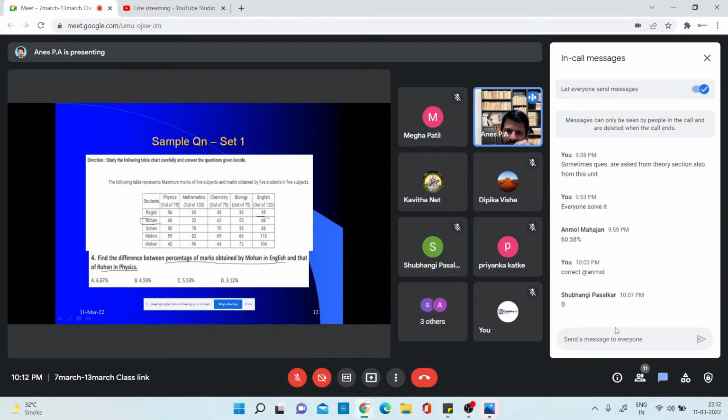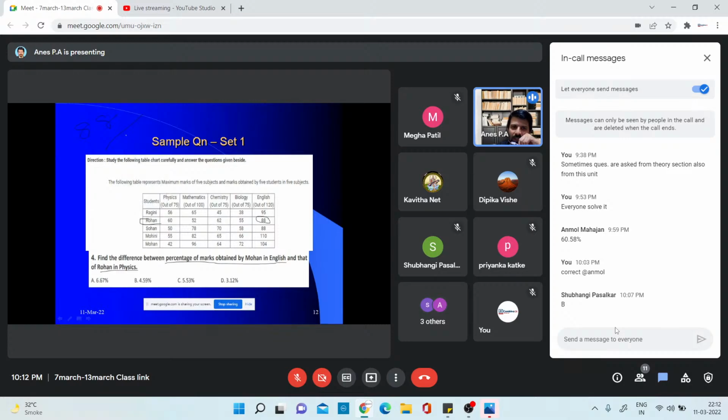Anybody can say how to find this English mark percentage? Anybody? Please tell. This is the actual mark, divided by 120 into 100. Yes. Does anybody have a doubt regarding that point? 88 divided by 120.